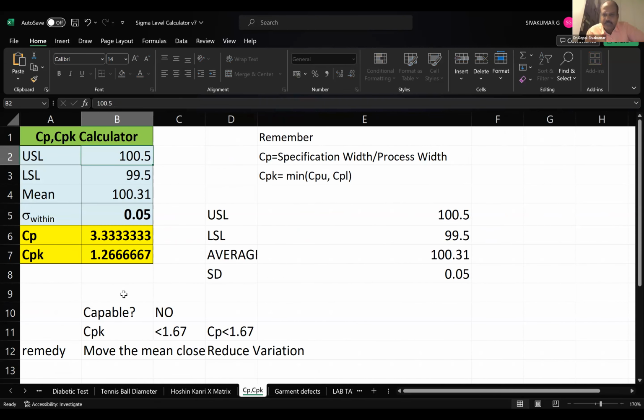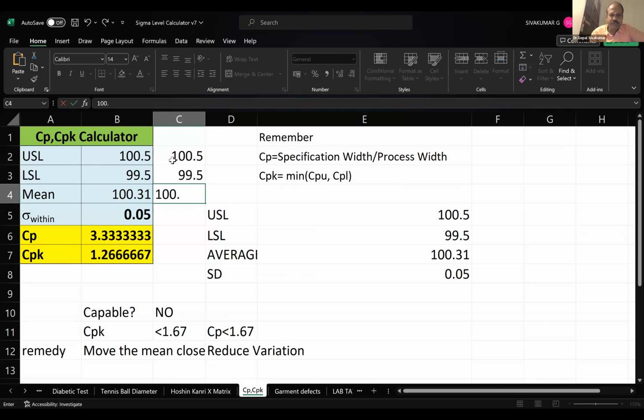Can you see my Cp/Cpk calculator here, all of you? Yes. So do you have any question with you? Upper spec, lower spec? Or let it be the first question: 100.5 upper spec, already typed there. Lower spec 99.5. I think this is also a question we have discussed.